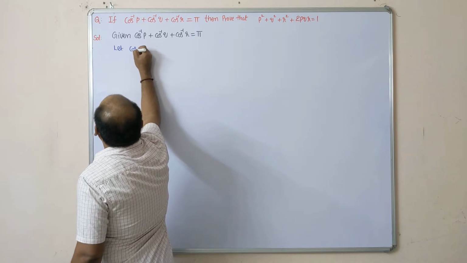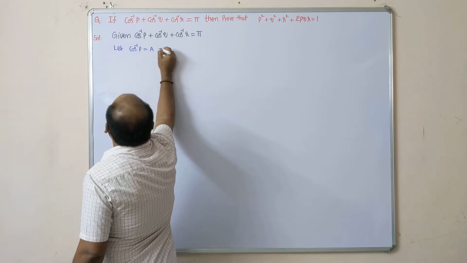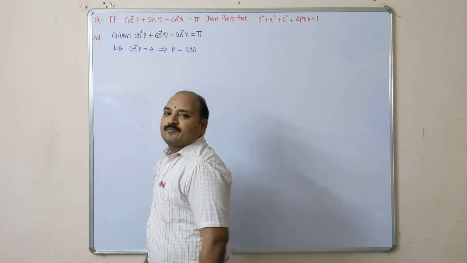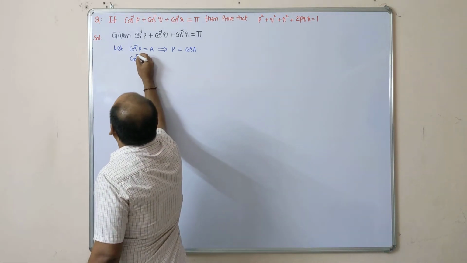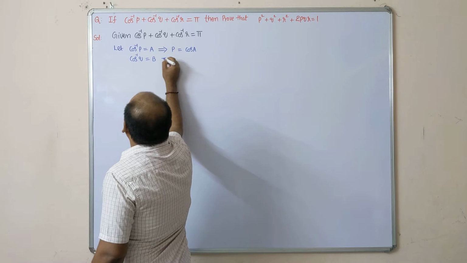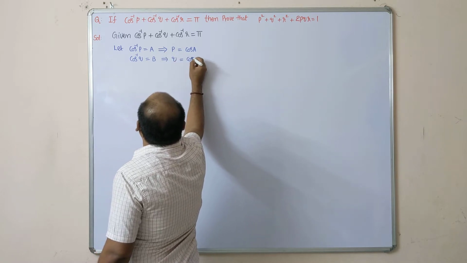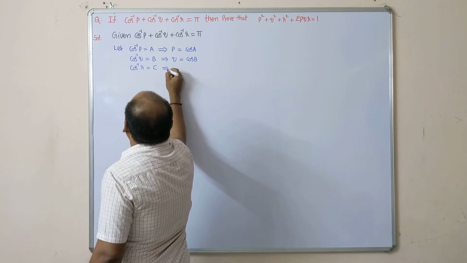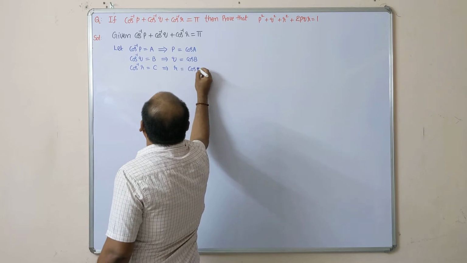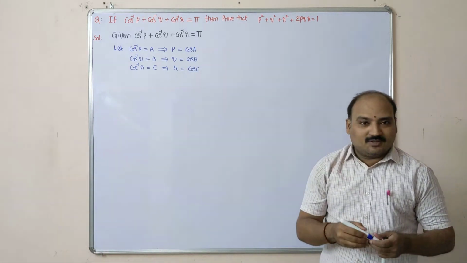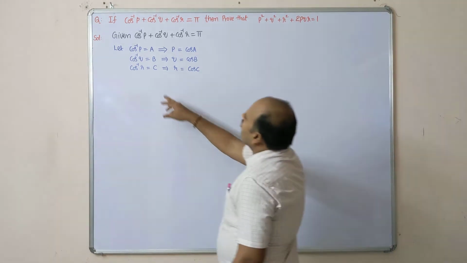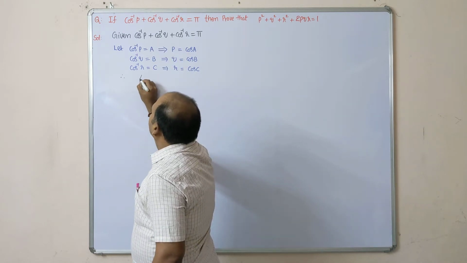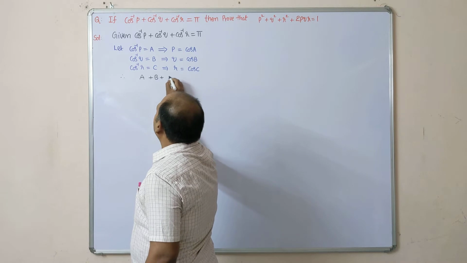Let cos inverse of P equal A, that implies P equals cos A. Similarly, cos inverse of Q equal B, that implies Q equals cos B. Cos inverse of R equal C, that implies R equals cos C. This is the way we can assume that. So whenever these values are A, B, C, therefore A plus B plus C is equal to pi.